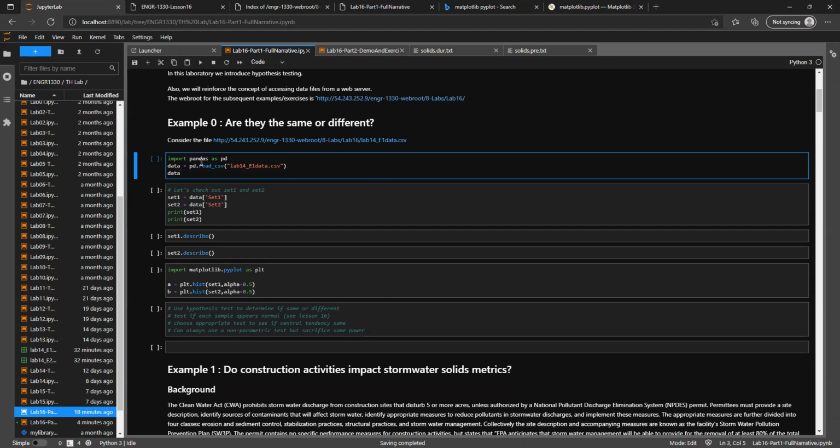So first thing we want to do is we want to make a data frame out of a CSV file. Now, during my office hours, I had a lot of questions on manipulating some of these things.